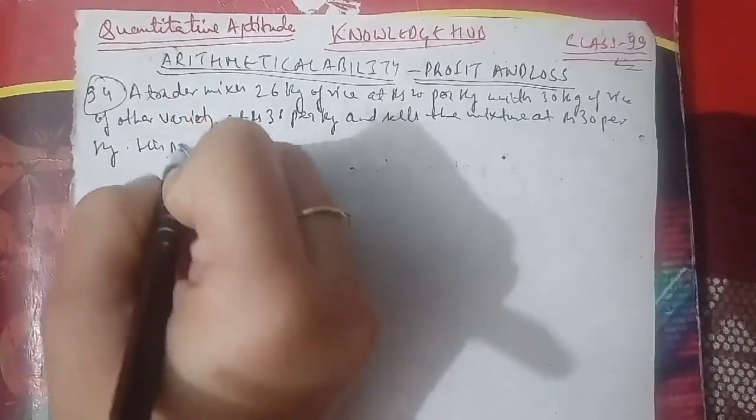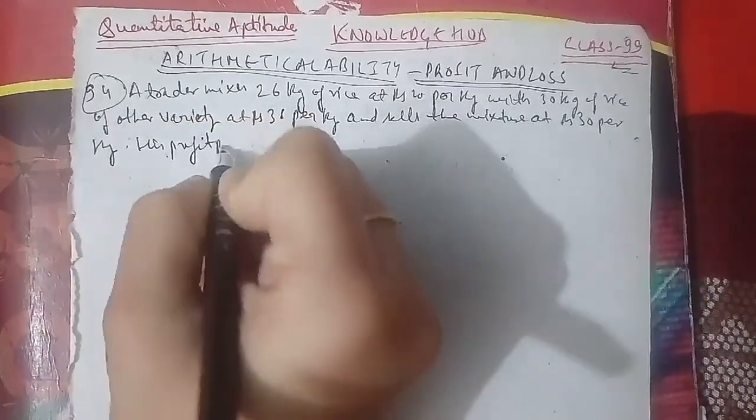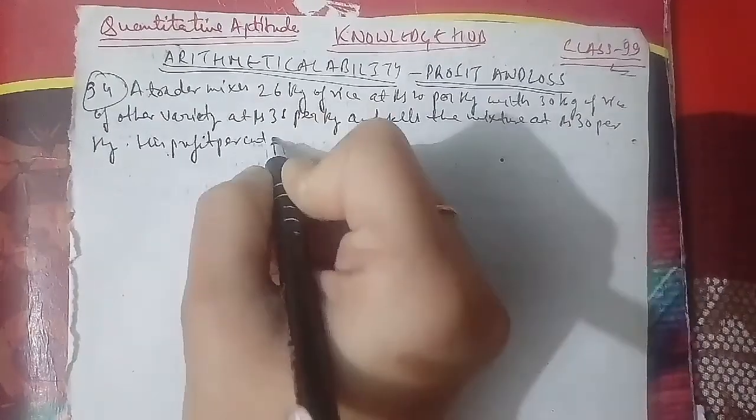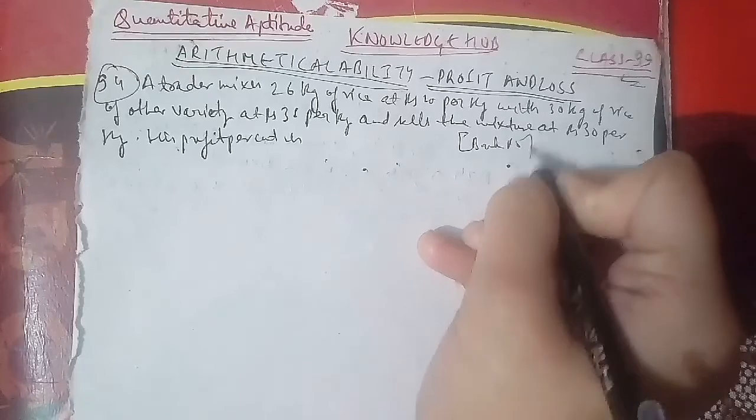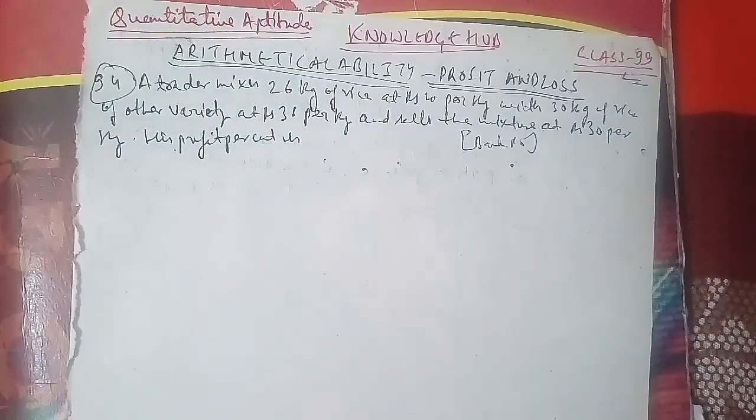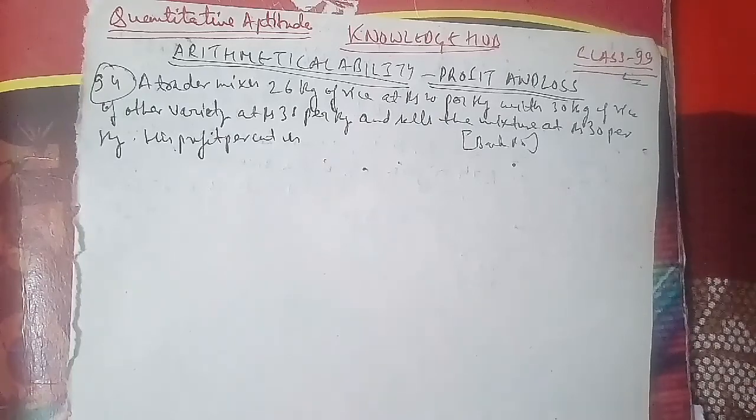His profit percent is, which has been asked in the bank PO question paper. The options, as I told you, are no profit, no loss, 5%, 8%, 10%, none of these, and that's what we have to discuss here.